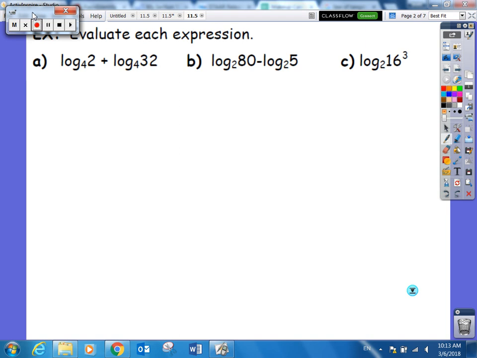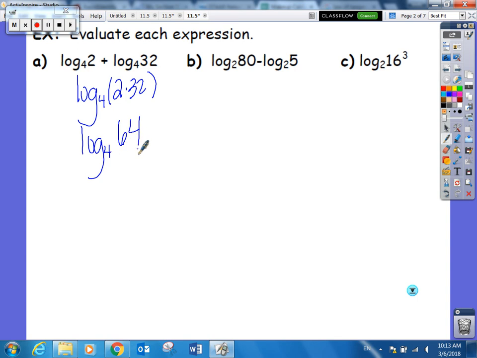Or we can use that law number 1 from today, where because we're adding, we can combine those together and say log base 4 of 2 times 32 to have log base 4 of 64, and then we can use that definition, 4 to the what equals 64, and we get 3. So that's using the law from today. Not the only way to do that problem, but one way to do that problem.